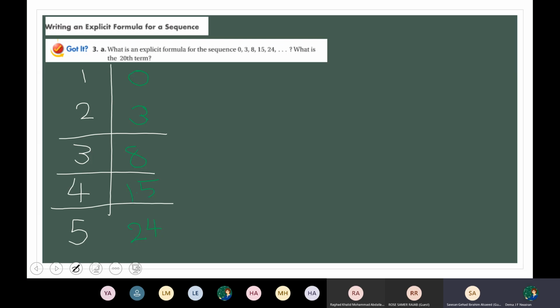So what I have to do? Let's try with 1. What is the square of 1? It is 1. What is the square of 2? It is 4. What is the square of 3? So as I told you before, I tried the difference. No. Try the ratio.